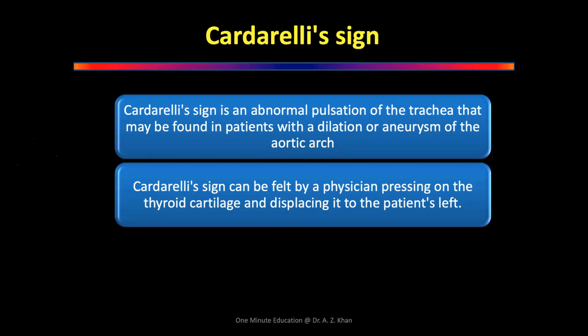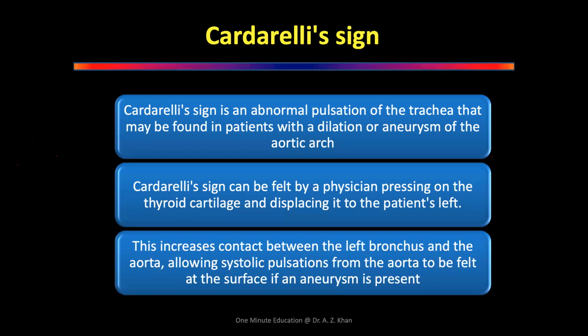It can be felt by the physician by pressing on the thyroid cartilage and displacing it to the patient's left. Because when you move the trachea to the left, the bronchus gets in touch with the aorta, okay? So this increases contact between the left bronchus and the aorta, and thereby the systolic pulsations from the aorta can be felt at the surface if an aneurysm is present.